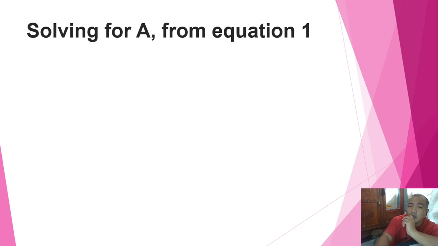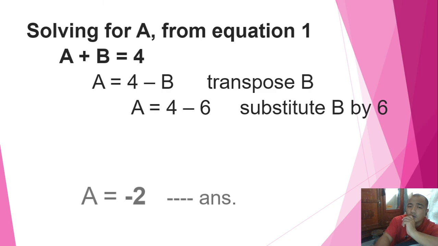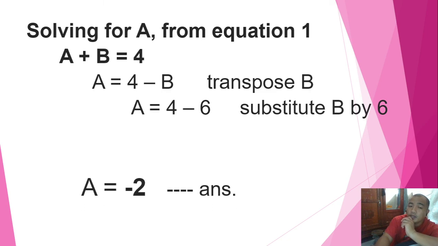What is b? b is 6, right? So 4 minus 6 is negative 2. A is negative 2, b is 6. So negative 2 plus 6 is 4, the sum is 4. That's all we were looking for, the value of a and b.